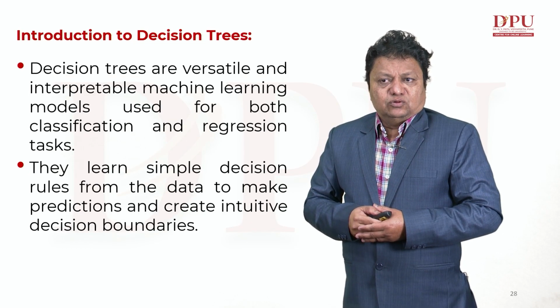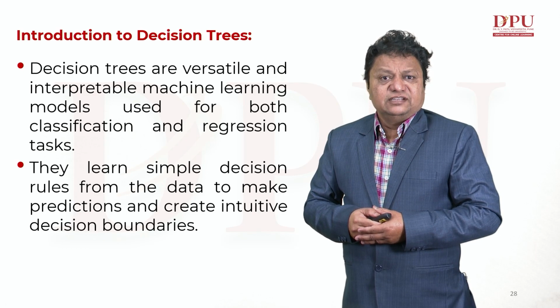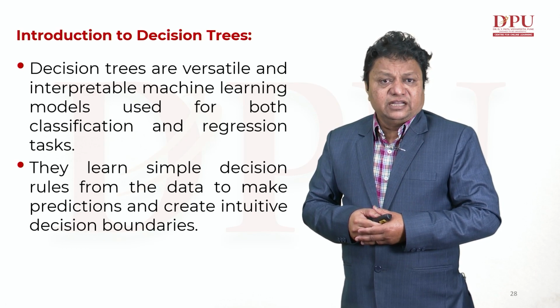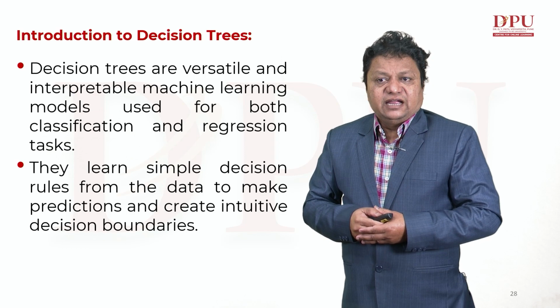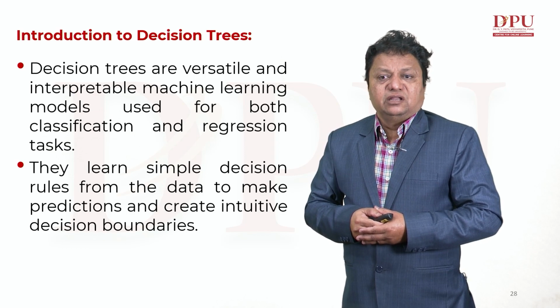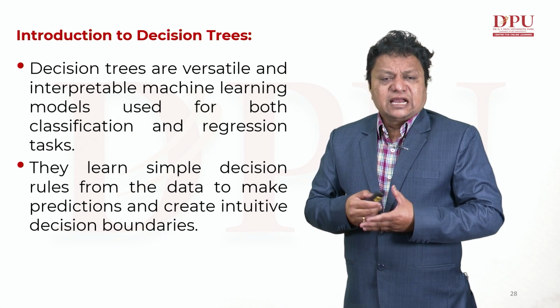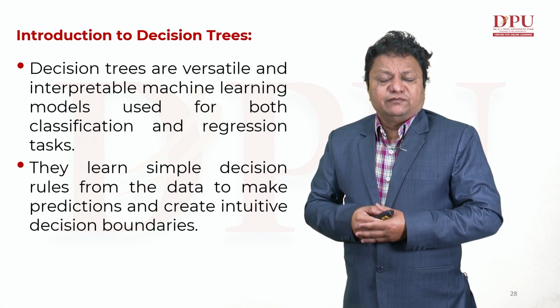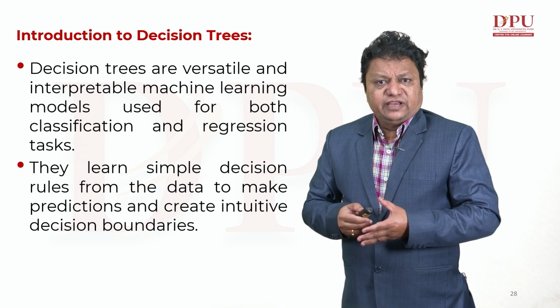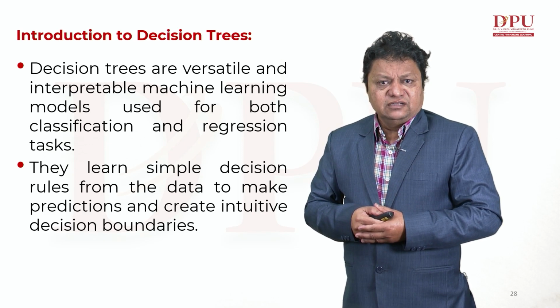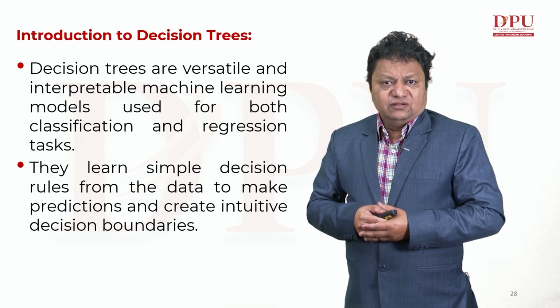Now, let us come down to decision trees. What is a decision tree? Decision trees are versatile and interpretable machine learning models used for both classification as well as regression. Classification is used for categorizing and regression is used for predicting numerical values.